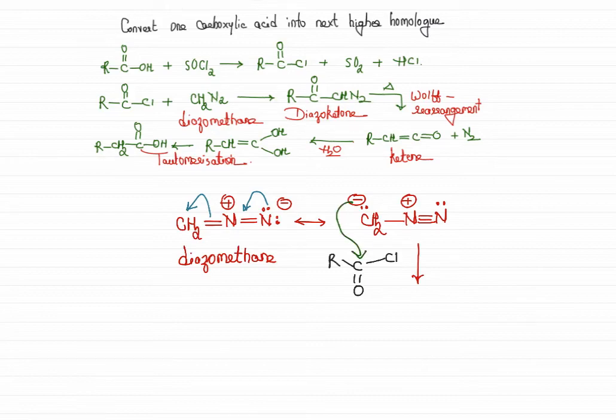The moment attack happens from carbon, the pi bond collapses onto oxygen. As it collapses onto oxygen, what you get is R, C, O minus, the leaving group, and here you have CH2N2, right?